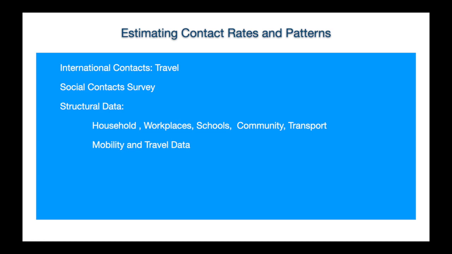The census data is available at the output area level, so this allows for more granular modeling. One can increase the granularity further by making use of satellite images and other geographical data, which is available at a more granular level.